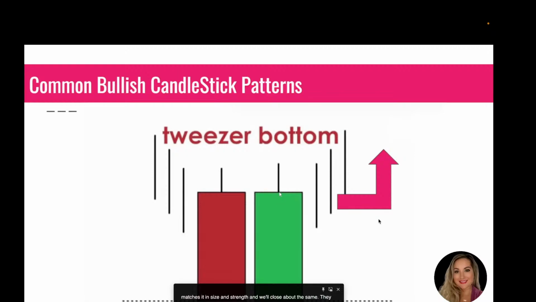They usually equal one another as far as opening and closing price, and the wicks, if they do have them, will test the same price area. So it's like twins. A bear is pushing down and then the bulls come in and say, nope, not happening. We are matching you and we are here and present. So this would be something where you would also potentially look for a reversal.